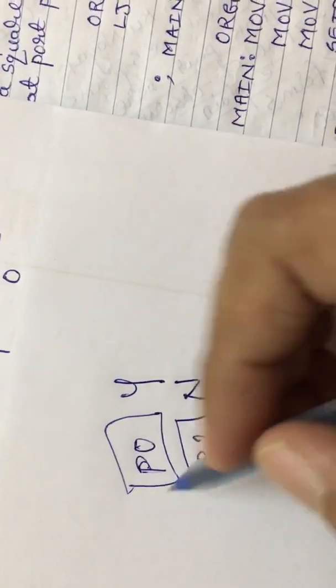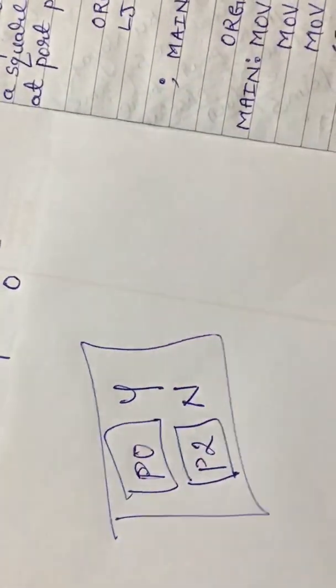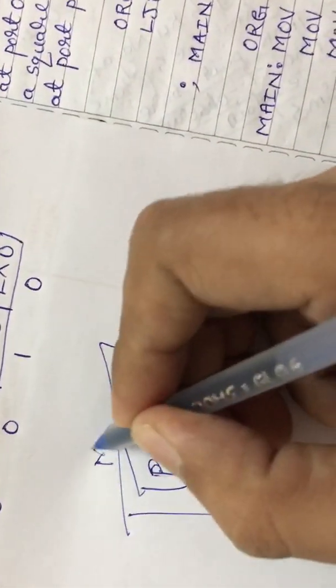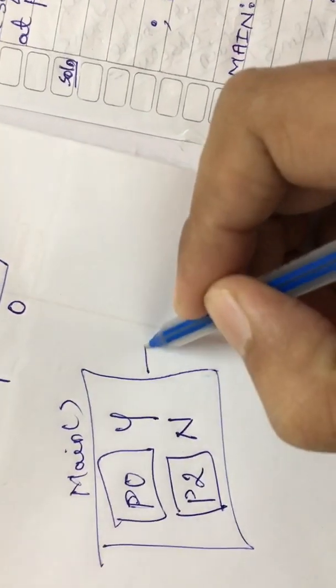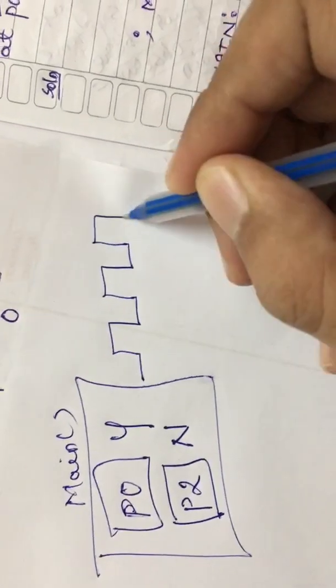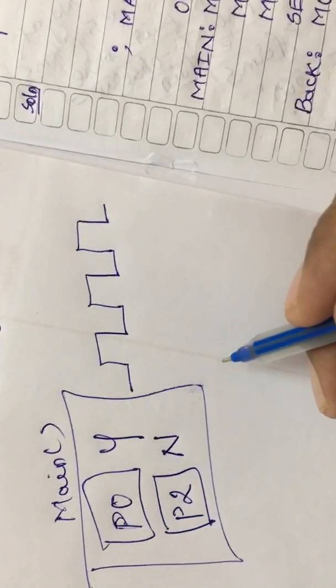This is the process that we need to do. So let us assume this is the main program. While doing this process, in turn we need to generate the square wave. This is the main process.